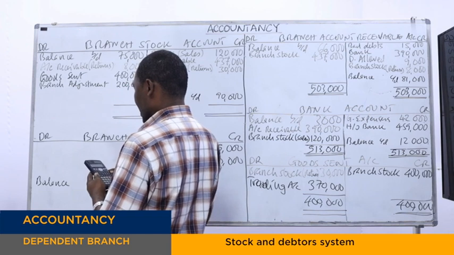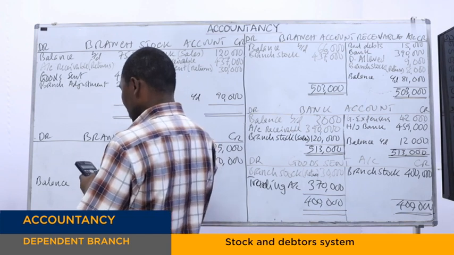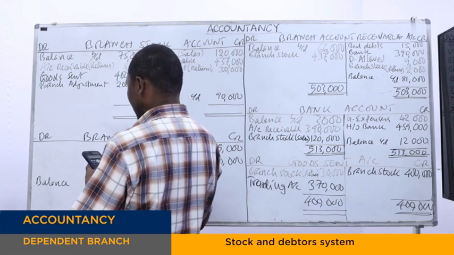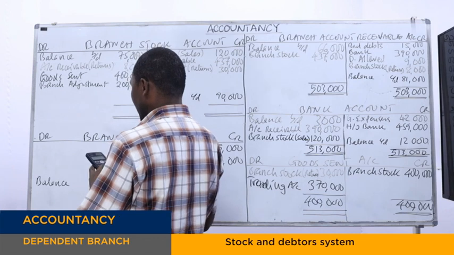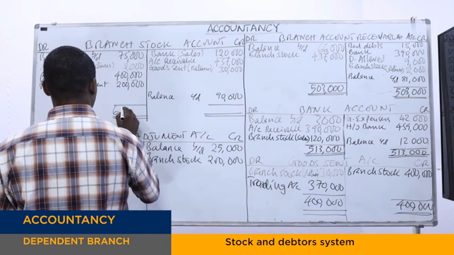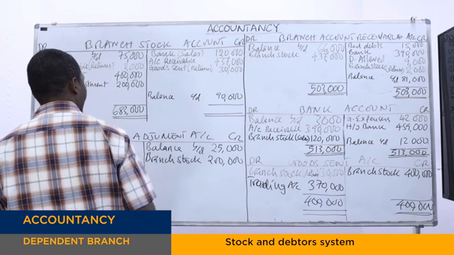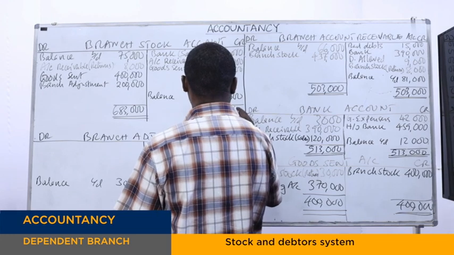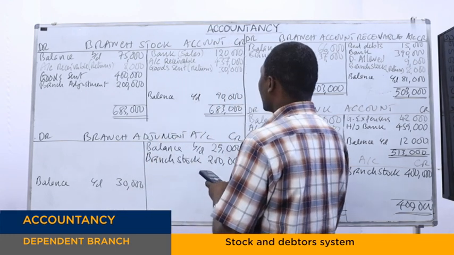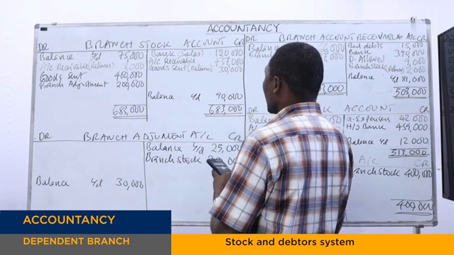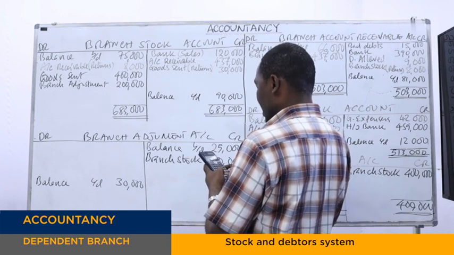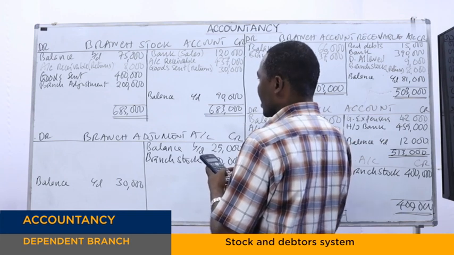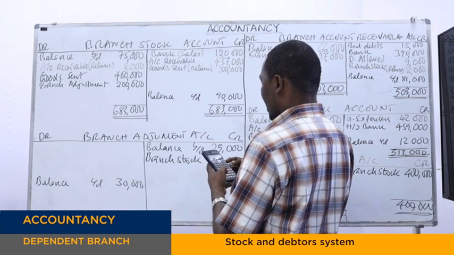We get the total, which will be, yes, 683. And assume it is 683 less 120,000 less 437 less 30,000. How much do we get?